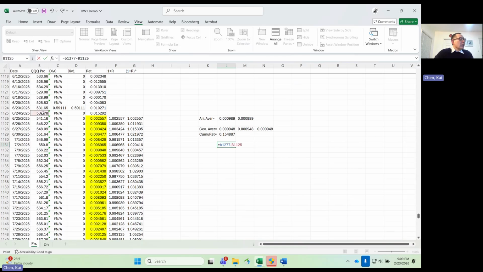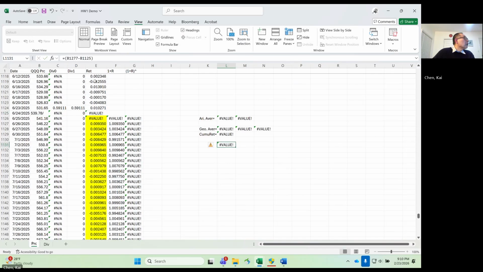Then I put this in parentheses, and then divided by the beginning price.